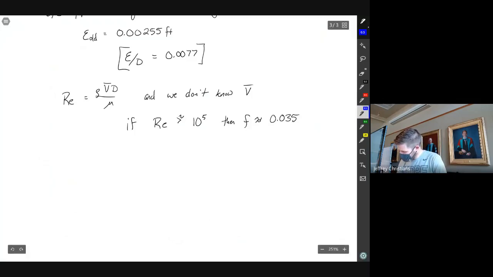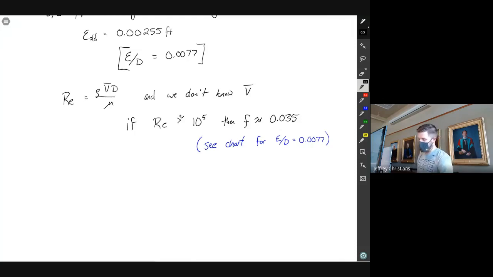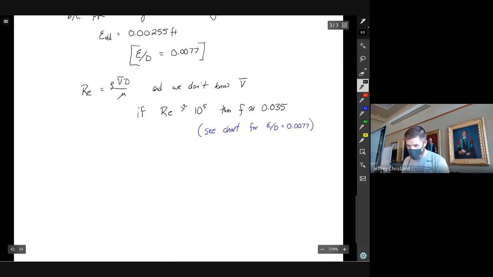So I'll just write a note. Okay, then what we would end up getting is 0.035 times 2040 v squared over 2.